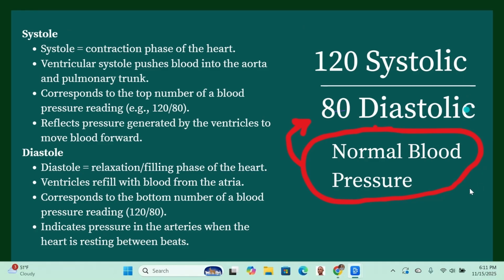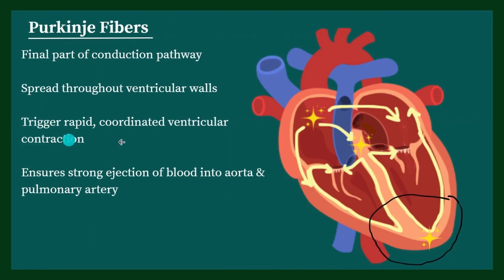Okay. Systolic and diastolic. I'm going to talk about that a little bit more in the next video, but systolic is the contraction phase of the ventricle. So let's go back just a second. Remember this, the ventricle on the left is the big one that squeezes out. That's the systole.